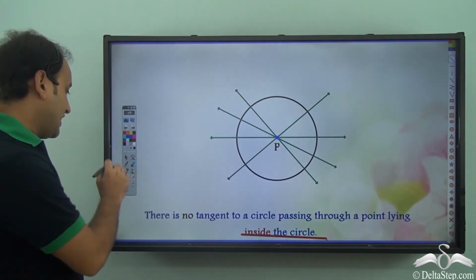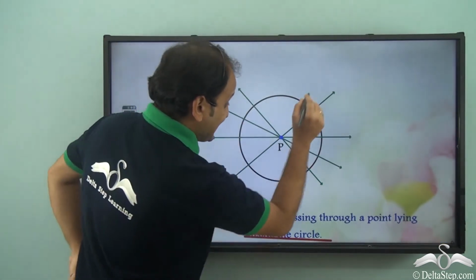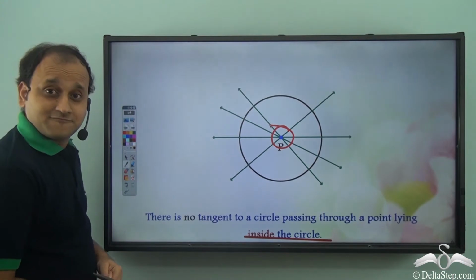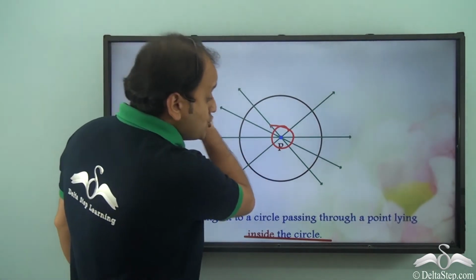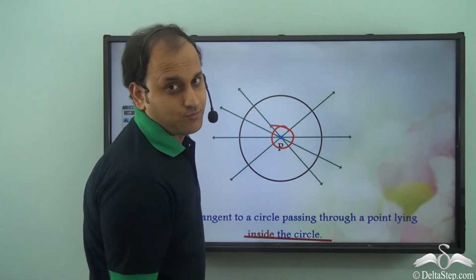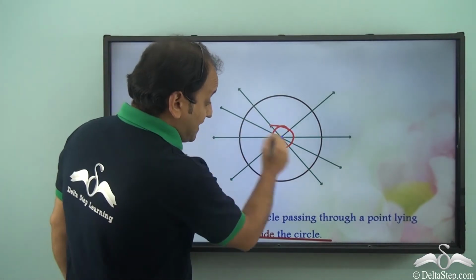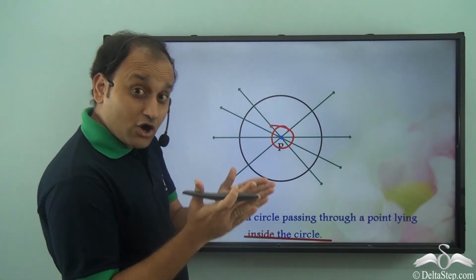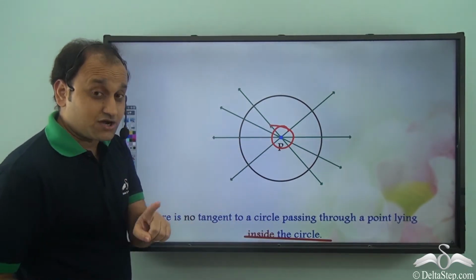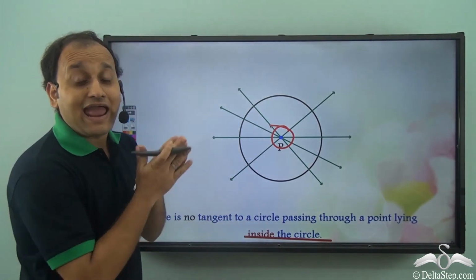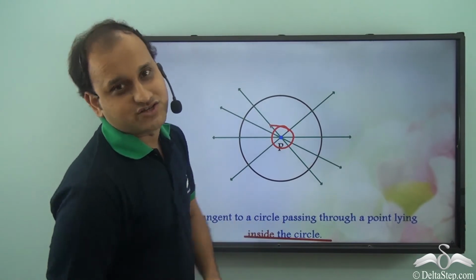So if the point is inside the circle like this, then there can be no tangent which will pass through this particular point. Or if a line passes through this particular point, it cannot be a tangent, because tangent touches a circle at one point only and it never enters the interior of the circle.